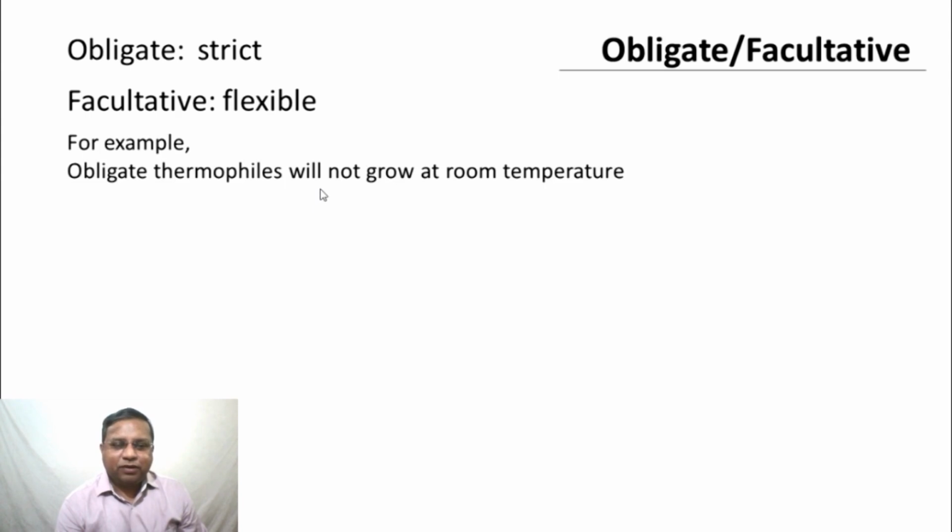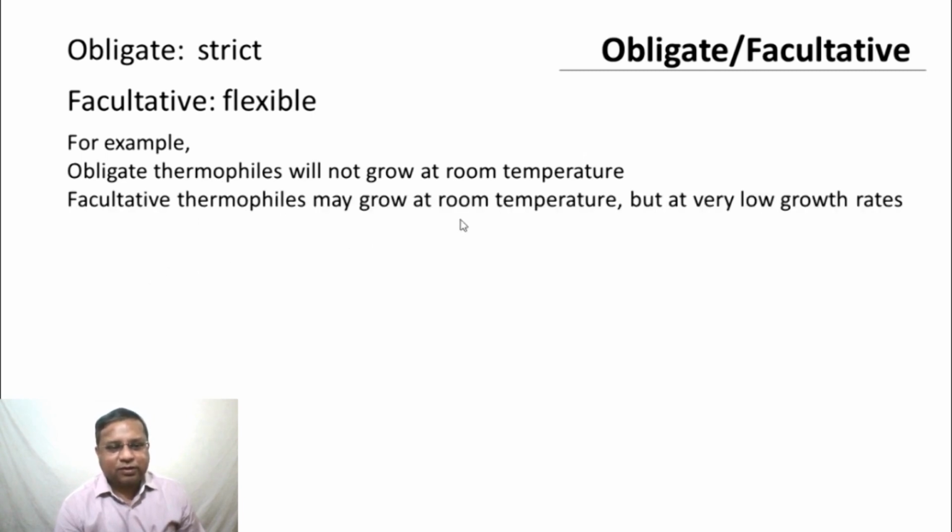For example, obligate thermophile, okay, strict thermophiles. Strict thermophiles will grow only at high temperatures. They will not grow at room temperatures, or they will not grow at temperatures that are not their optimum or that are not high. Okay, that's what obligate thermophiles mean. Whereas facultative thermophiles may grow at room temperature but at very low growth rates.